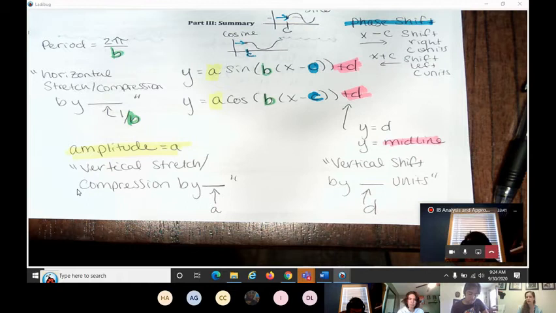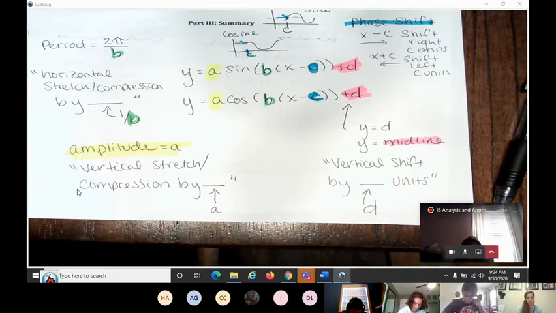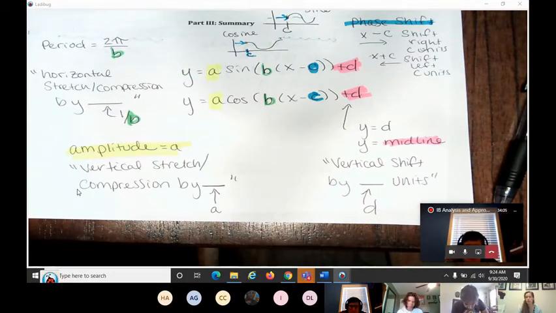What questions do you have about these before we move on to figuring out how to get a function from just the graph? Okay, if there are no questions, then we're going to move on.